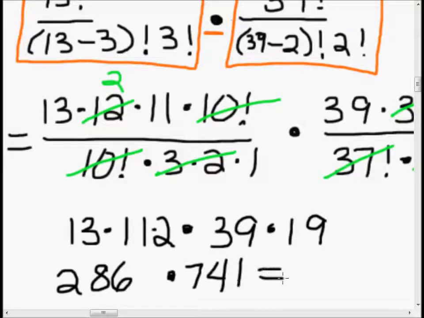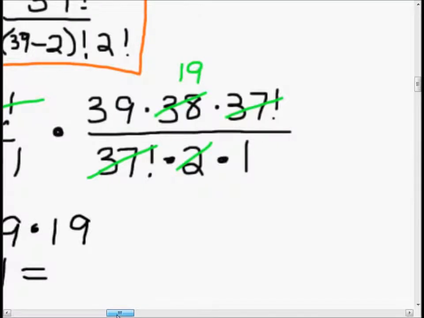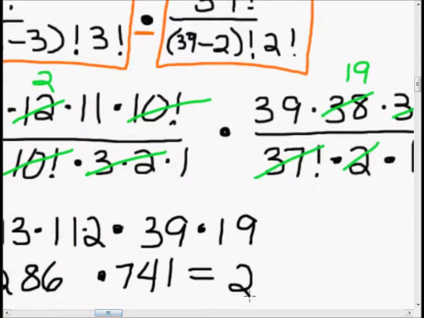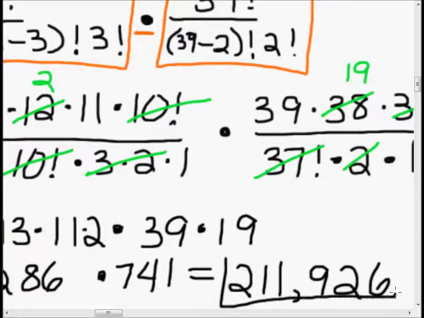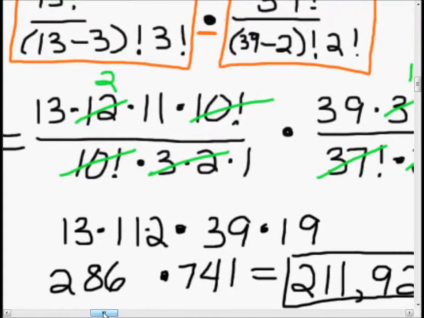And so 286 times 741 is 211,926, and that is our answer for part A. I moved really fast on the math there, but as you should see at this point, the hard part is figuring it out.